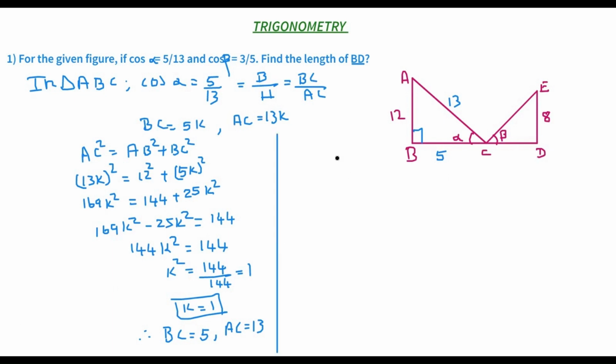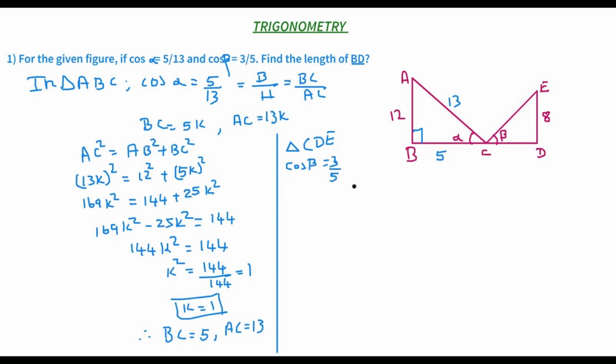Now let's take the other triangle which we have, that is triangle CDE. So in triangle CDE, what do we know? We have the reference angle as beta and we know ED is 8. Cos beta equals 3 by 5.